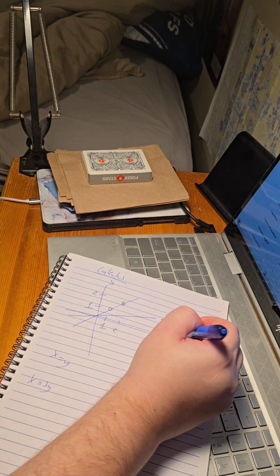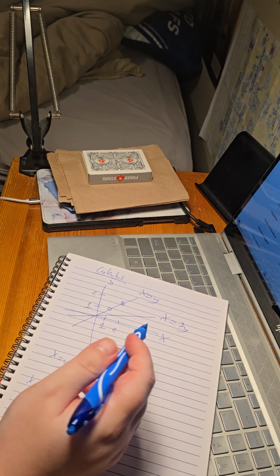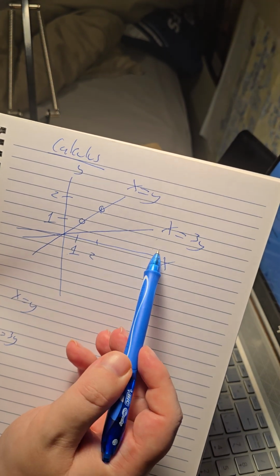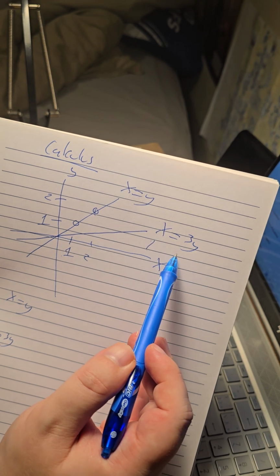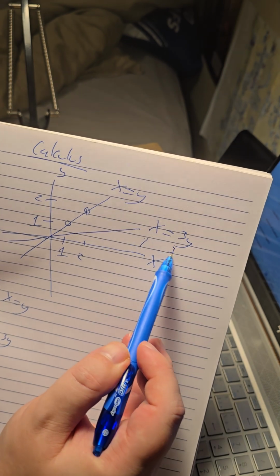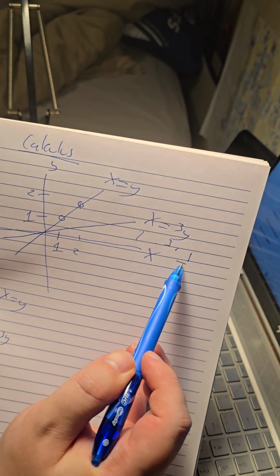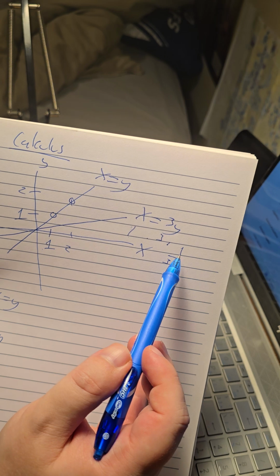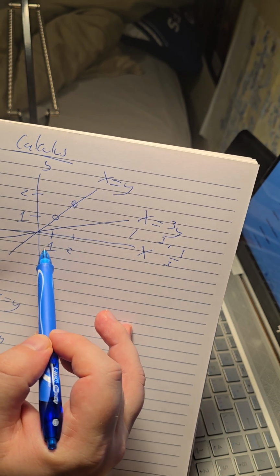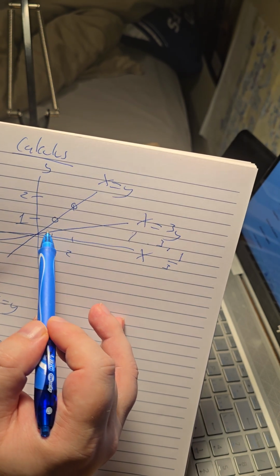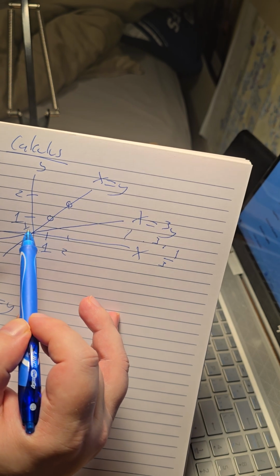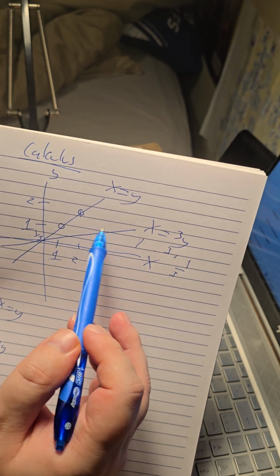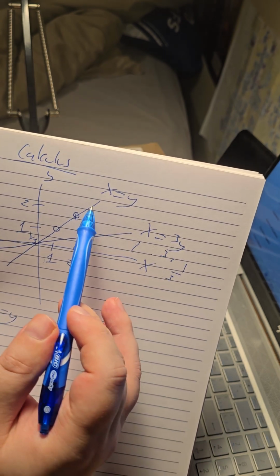When you set this side to 1, for this side to equal 1, it would be 3 times 1/3, and you get 1 equals 1. So when x is 1, y is 1/3. That's x equals 3y, and this one's x equals y.